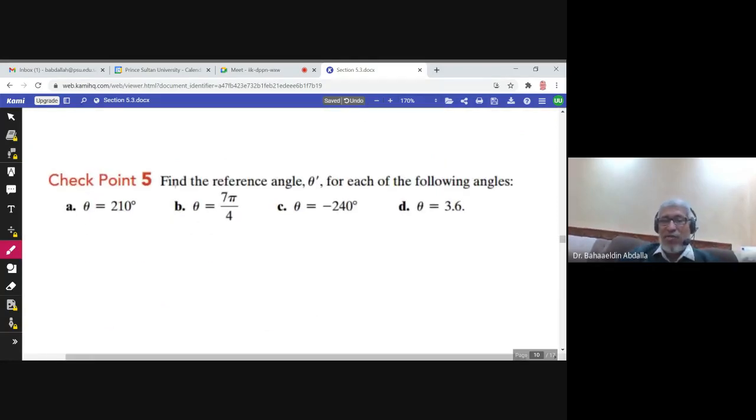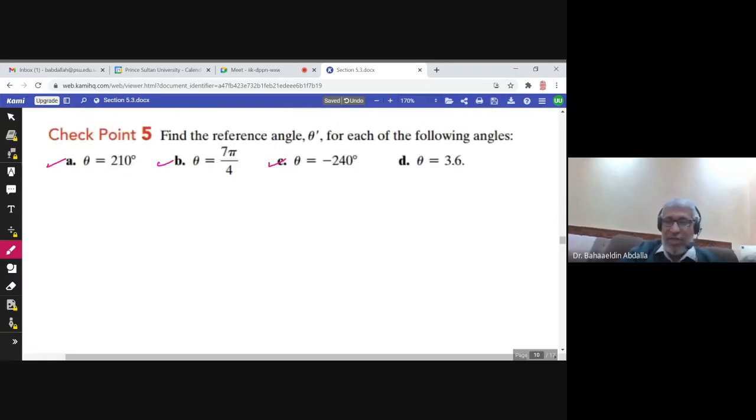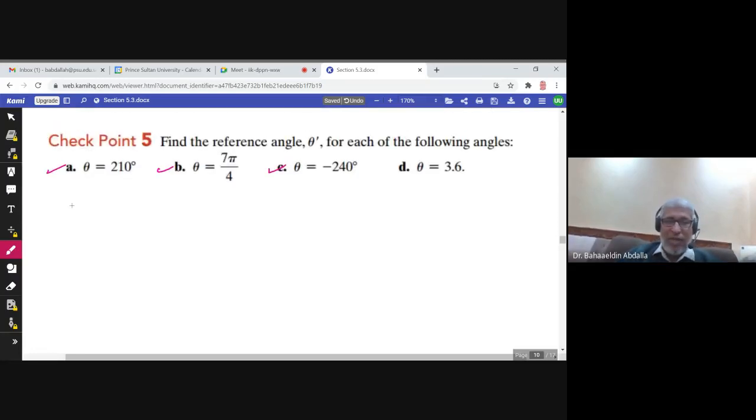Please solve this checkpoint. Similarly, I will help you maybe by solving part D, okay, 3.6. I will solve part D and I will leave all the others for you. First point, I need to sketch the graph of theta. This is 3.6, so again it is in radian. Well, I know again that pi is 3.14.